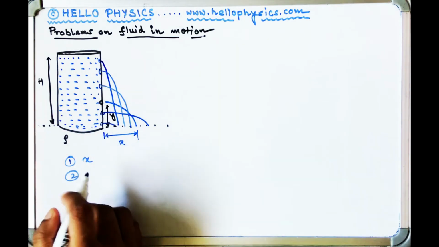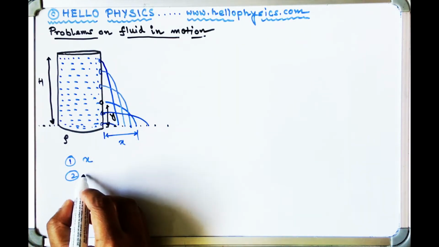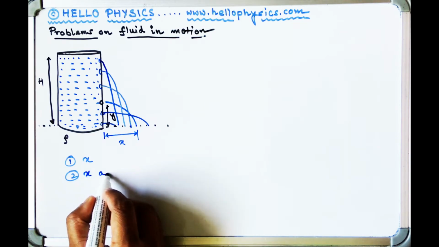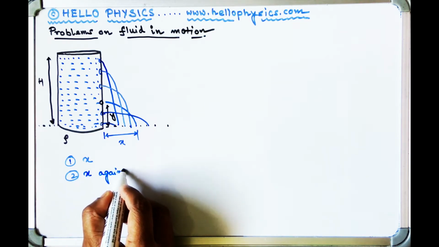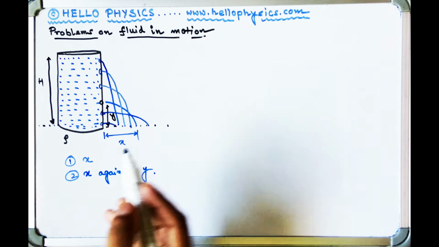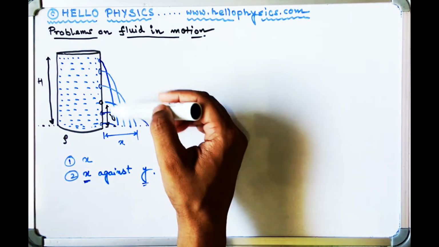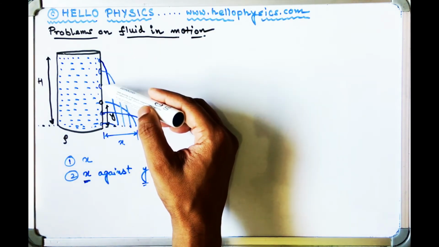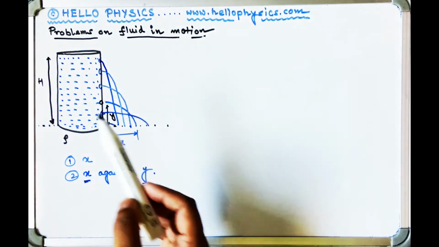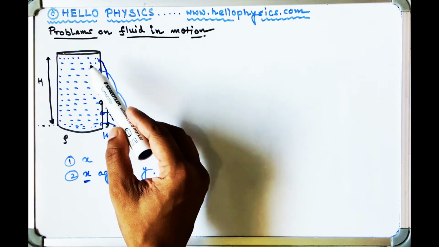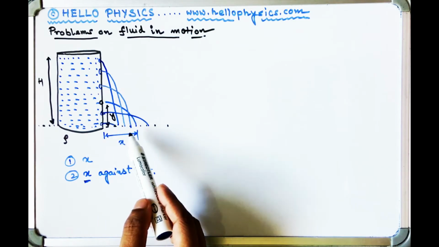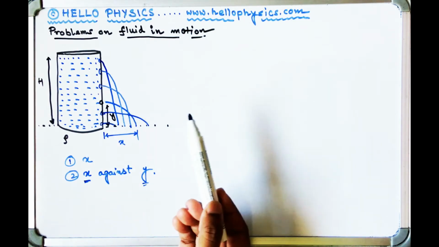So what you have to do is, you have to plot x against y. In that case, x becomes a variable, y becomes a variable, because you are changing the point at which the hole is made. So depending on the position where the hole is made, the distance at which the fluid will fall would be different.